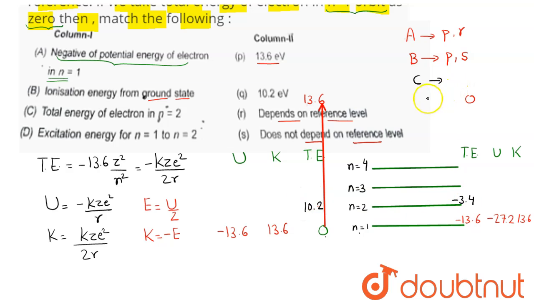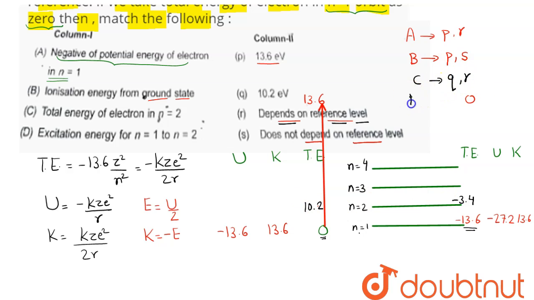Hence C matches with Q, and it depends on the reference level. Since we have taken n equal to 1 as the reference level, we add 13.6. If we had taken the reference level at n equal to 2, we would have added 3.4, and in that case the total energy would have been 0. So it depends upon the reference level, so the option is R.